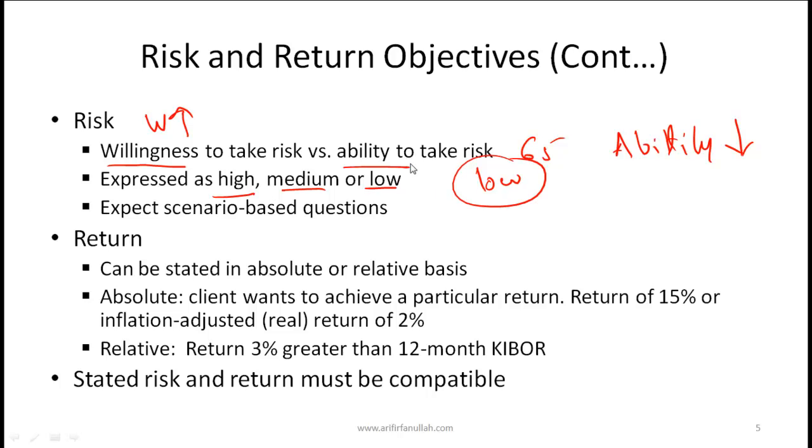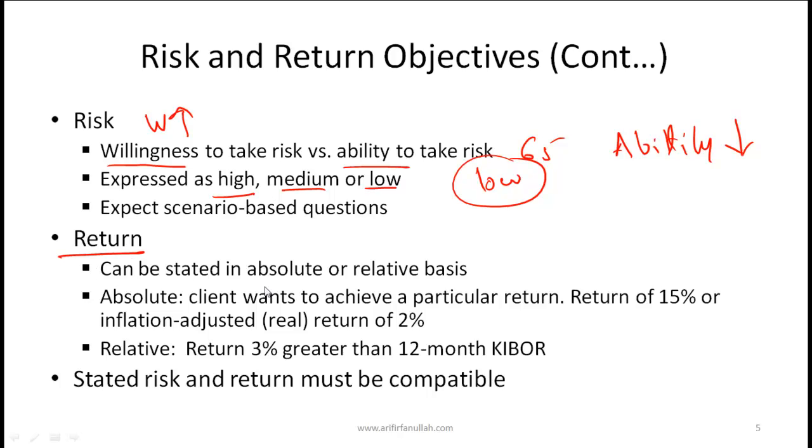Notice that the ability to take risk generally will trump the willingness. And what you need to be ready for is scenario-based questions, where in the exam you might be given the profile of an investor and you will have to say that his risk profile is either high, medium or low. A few good examples in the curriculum on this which you should look at.